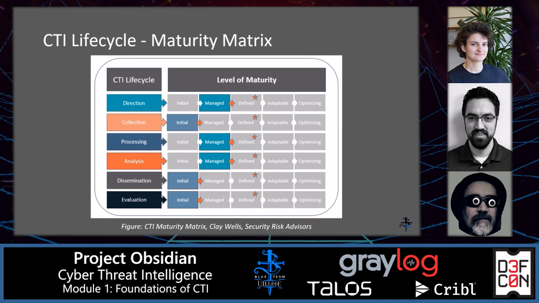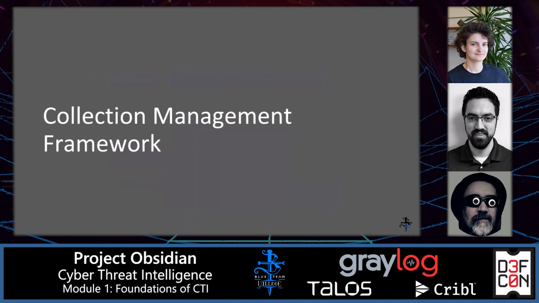If your collection is initial and you want to get to the defined level, you can set that as a goal and you're off and running. You can start making those developments and improvements over time and get there, right? So wanted to touch base on this. If you have any questions, let me know.